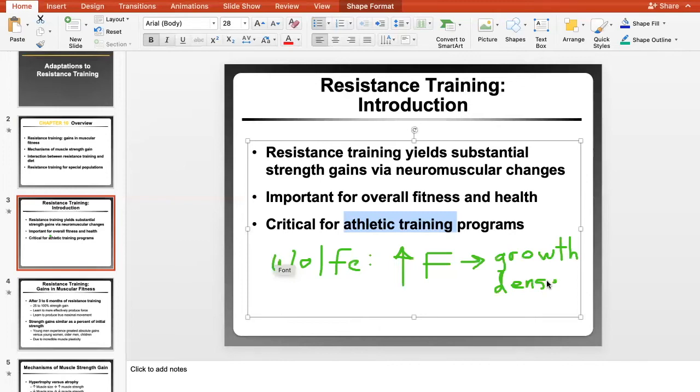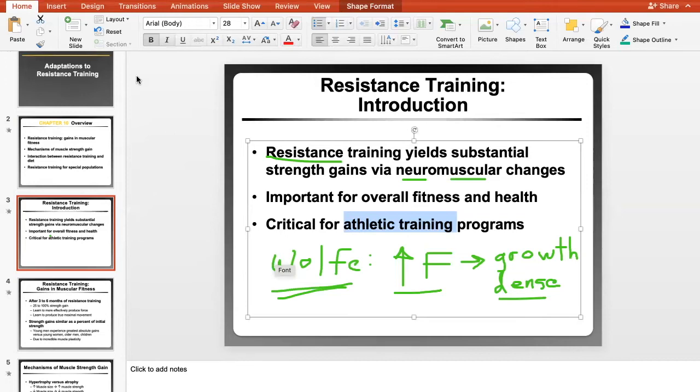This is important because it says that resistance training is important not only for neuromuscular changes, changes of the brain and the muscle, but it's also critical for the health and wellness of the bone. If I exercise, which increases the force on the bone, then the bone is going to grow and respond to that. And the way the bone would respond is to become more dense.